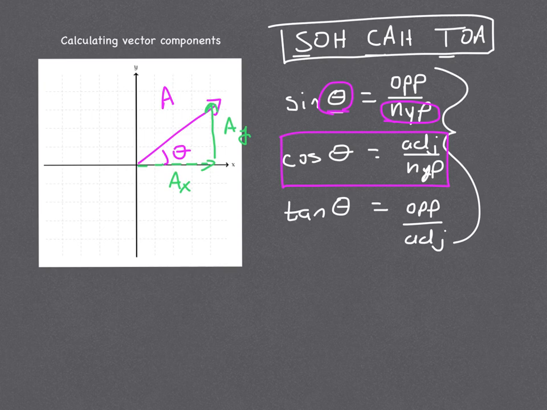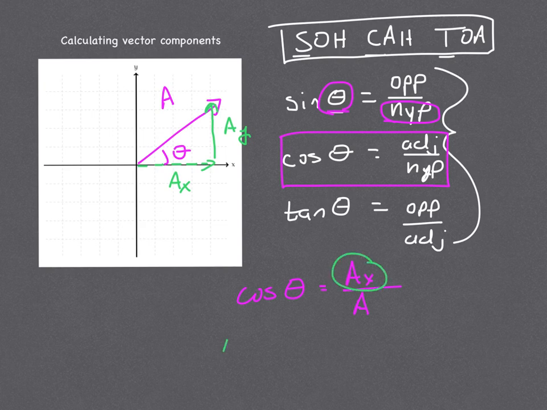So I'm going to rearrange the equation and put in different variables from what's given in my drawing there. So I'm going to have the cosine of theta is equal to the adjacent. The adjacent side here is ax, and the hypotenuse is the value a. And our job here is to solve for ax.